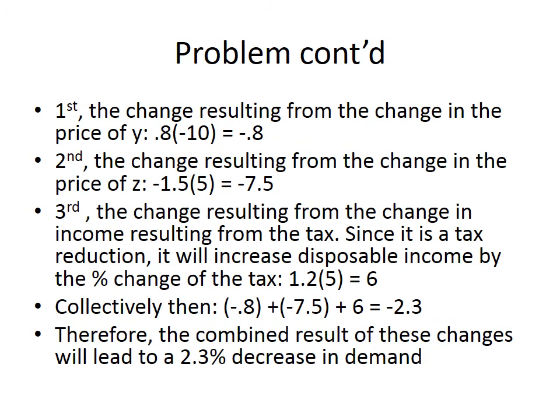Now let's go in. All right. First, the change resulting from the change in the price of Y. Okay? Well, the change in the price of Y is negative 10%. We multiply that by the cross-elasticity coefficient of 0.8, and we get a negative 8% change in the demand for our product. Now, this should be an indication of how these two products are related and why it works this way.